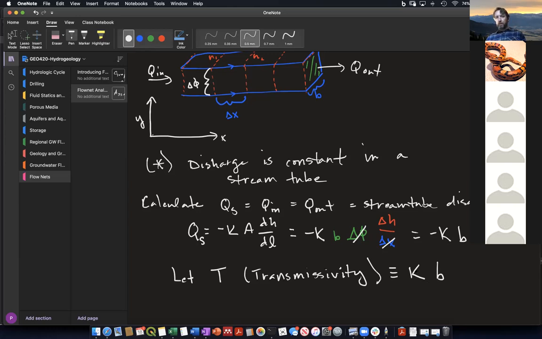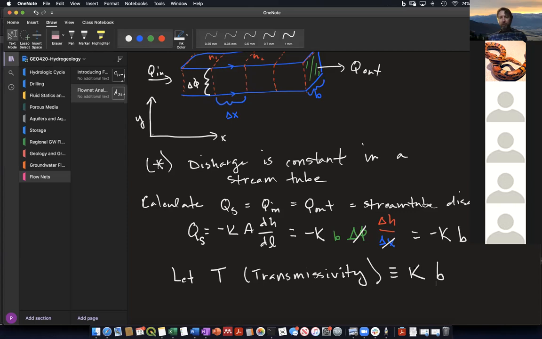That is a very characteristic quantity for an aquifer. It's the hydraulic conductivity of the material the aquifer is made of times the thickness of the aquifer. You'll hear that used a lot in hydrogeology studies or hydrogeologic papers. Transmissivity is equal to the conductivity times the thickness.